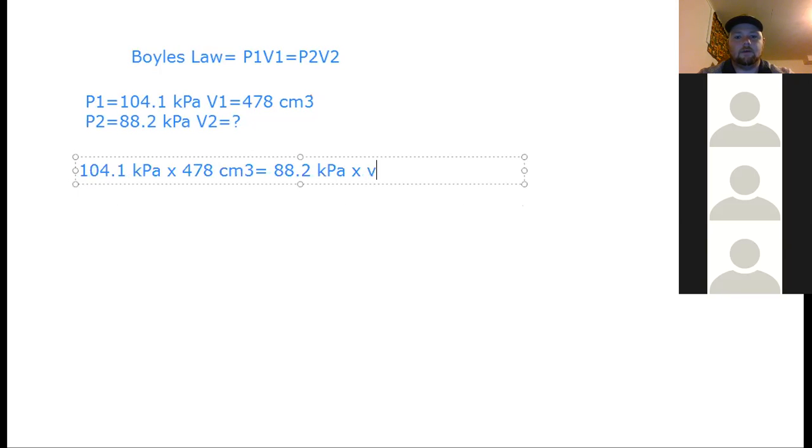So all we have to do is solve for V2, right? Simple enough. First thing, I would probably multiply everything on the left side. So our 104.1 times 478.